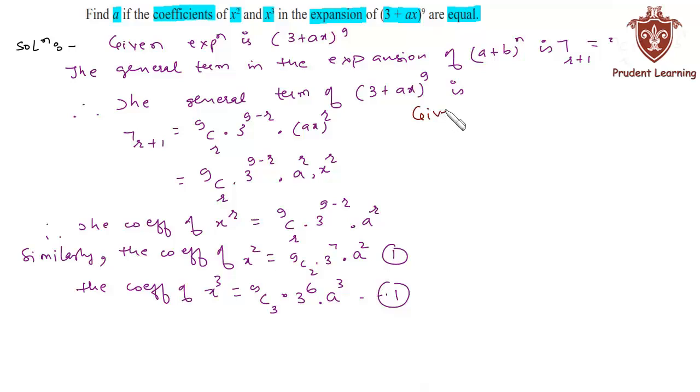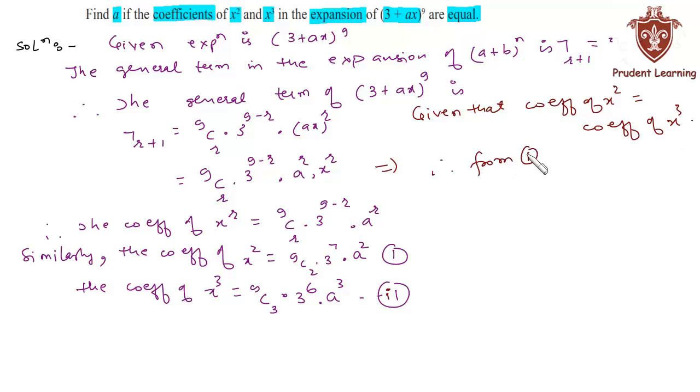So we are given that the coefficient of x square is equal to the coefficient of x cube. Therefore, from equations 1 and 2, we can say that 9C2 into 3 raised to the power of 7 into a square is equal to 9C3 into 3 raised to the power of 6 into a cube.